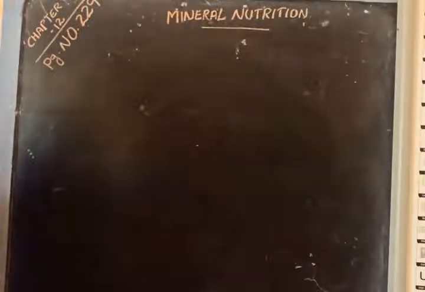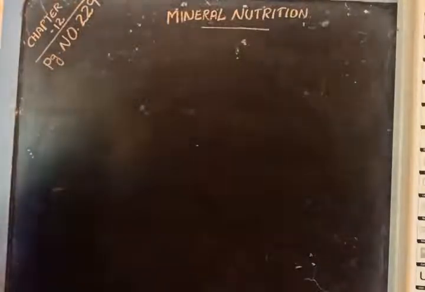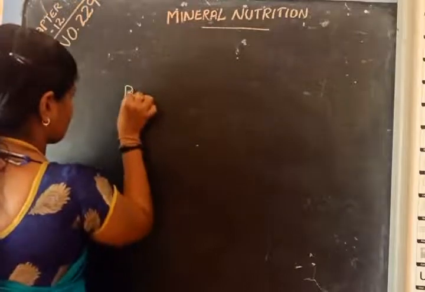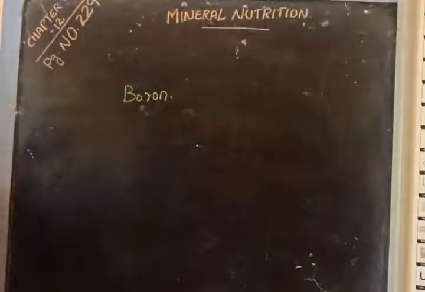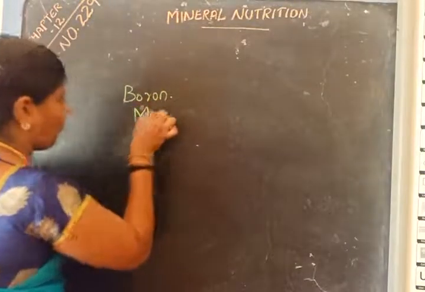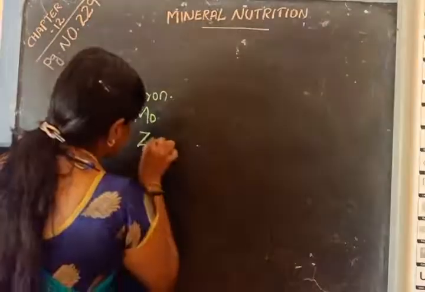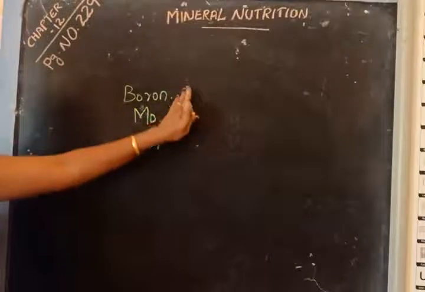Boron is essential for the translocation of sugars, and molybdenum is involved in nitrogen metabolism. Zinc is needed for the biosynthesis of auxin. So boron is required for the translocation of sugar, molybdenum is required in nitrogen metabolism, whereas zinc is needed in biosynthesis.